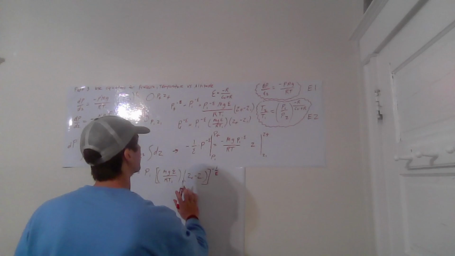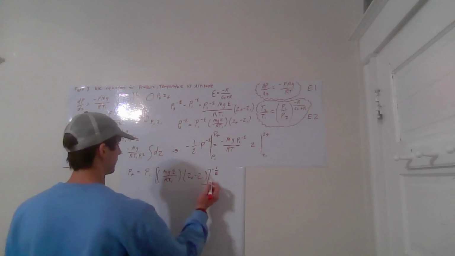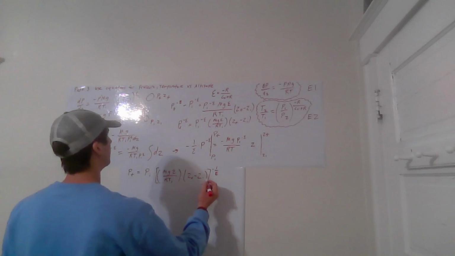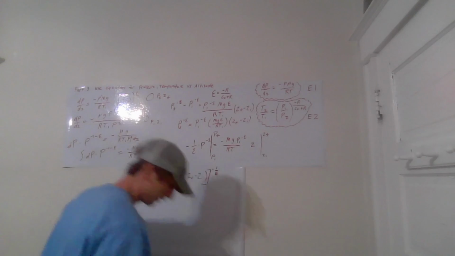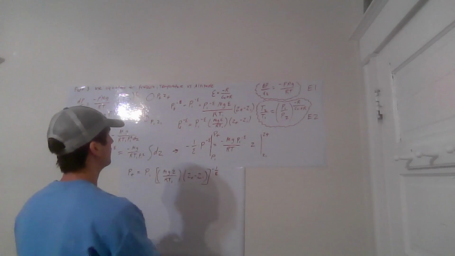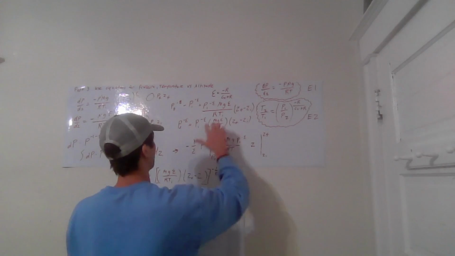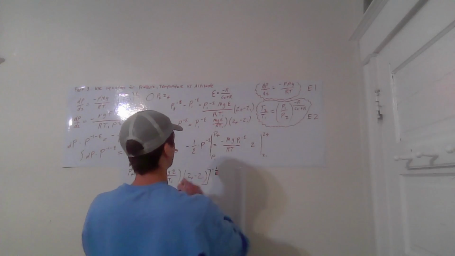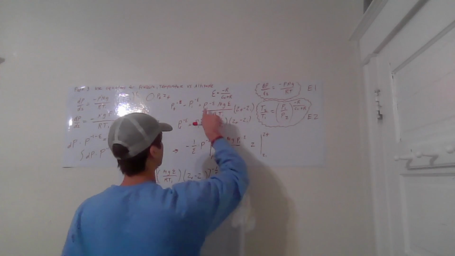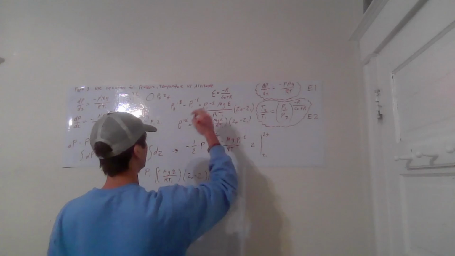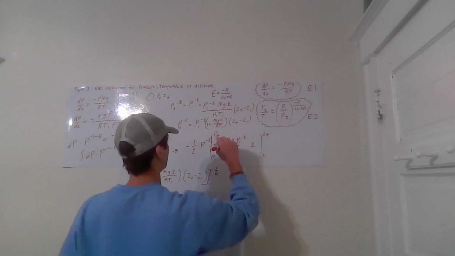Wait, I forgot to factor this out. So what we need to do is when we factor out here, we need to add a 1 plus, because when you factor out both of these, you're going to be adding this one over to this side as you do this equation.